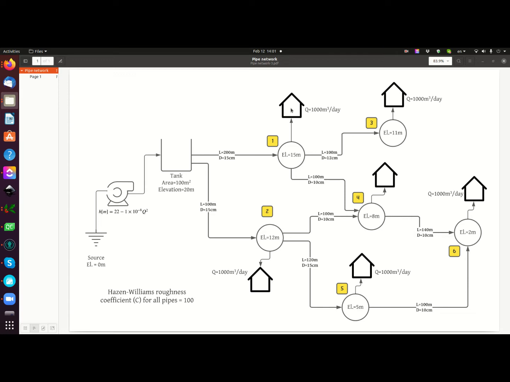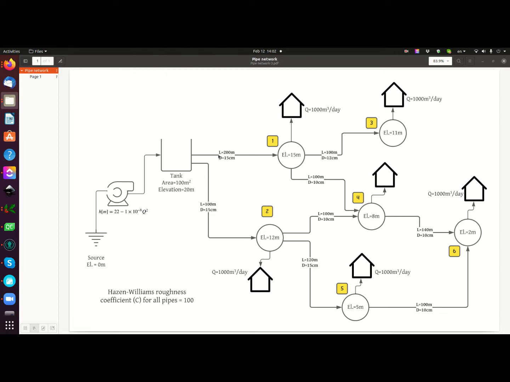Just one thing to point out, to keep things simple, I'm going to assume a constant water demand by the consumers, but you can easily replace that constant demand with time variable demand if you provide the time series representing the time variation of the demand.